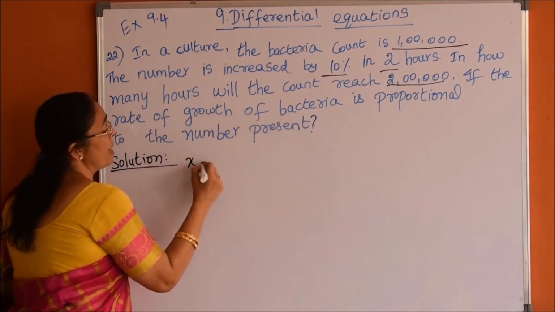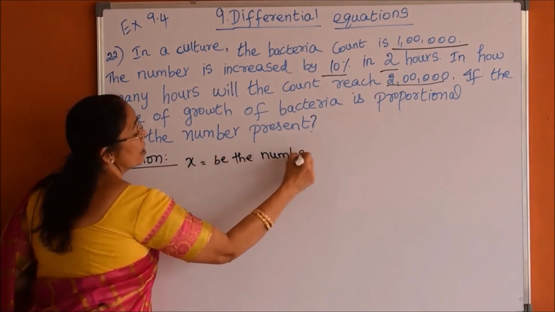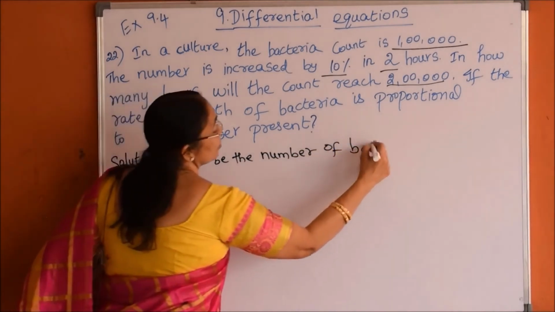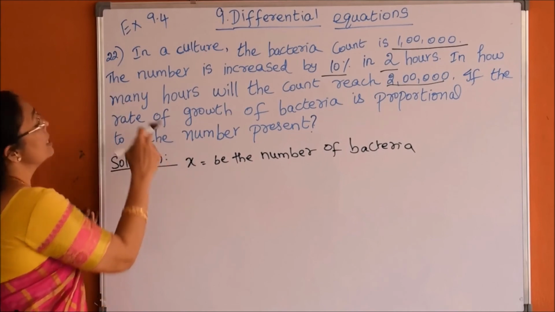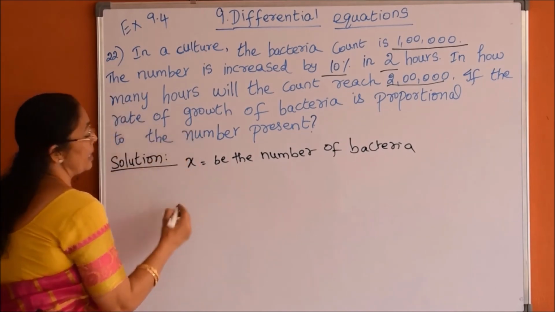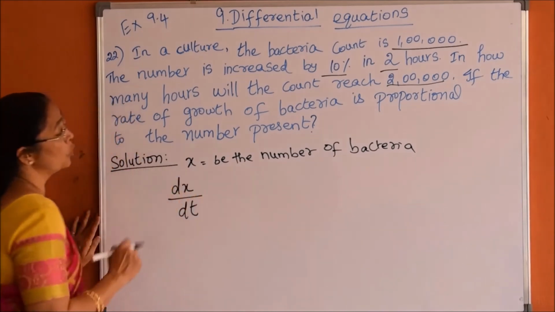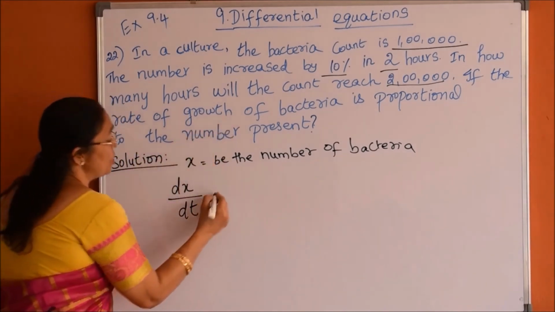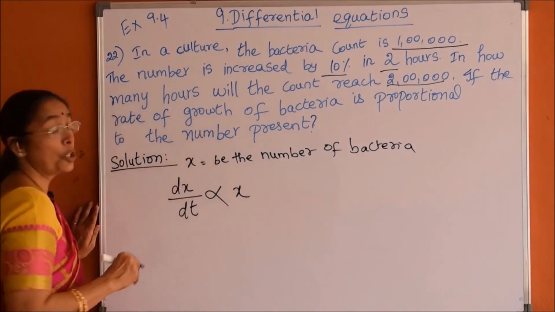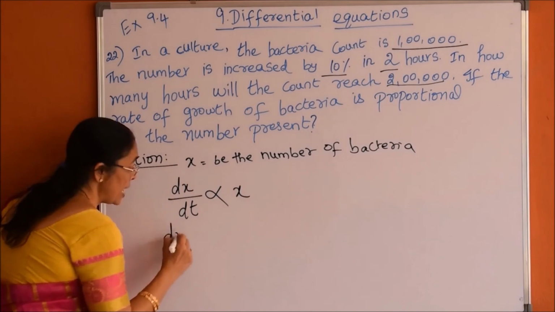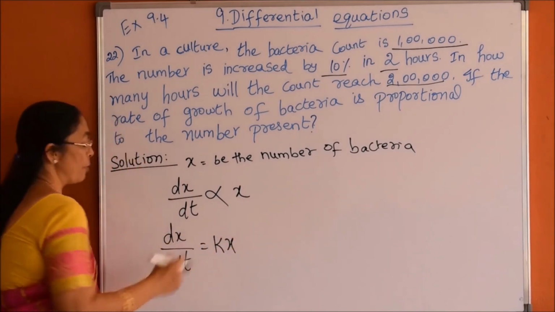So, let x be the number of bacteria in the culture. According to the last statement, the rate of growth of bacteria, that is dx by dt, is proportional to the number present, is proportional to x, that is dx by dt is equal to kx, k the constant of proportionality.